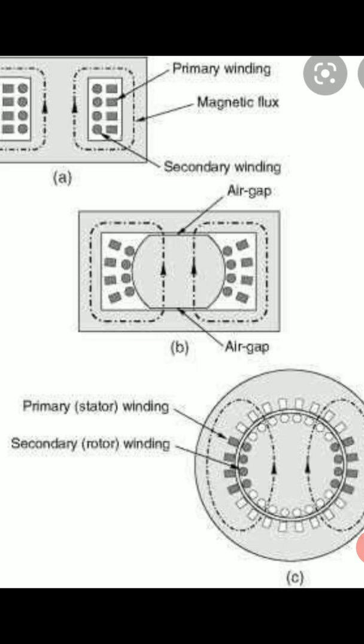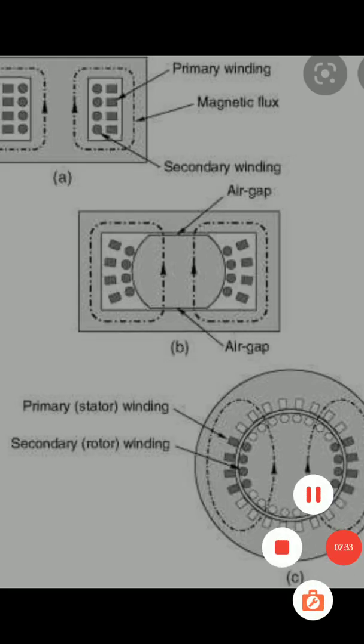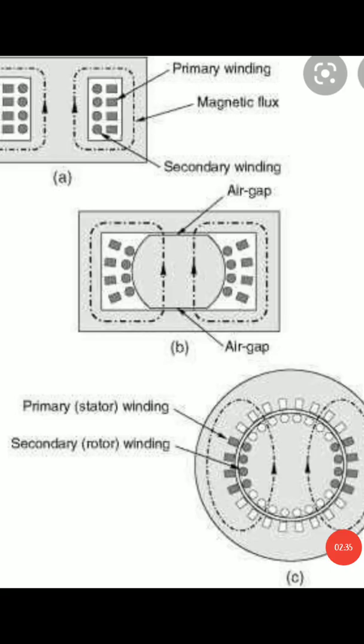According to that, we can derive the transformation ratio E2 by E1 as the rotor EMF per phase divided by the stator EMF per phase, where N2 is the rotor turns per phase and N1 is the stator turns per phase. This is what we have for the induction motor as a rotating transformer.